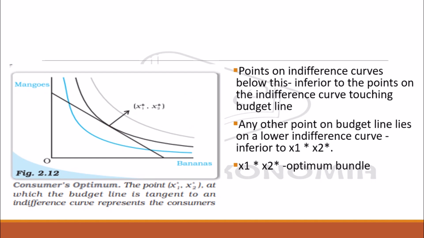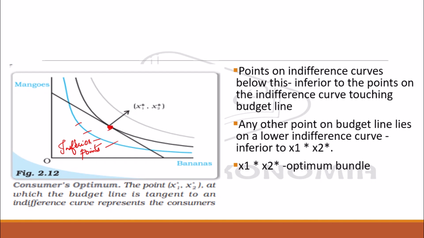Now coming to the points on the IC which is below the point of tangency, you could see that these are inferior points. Why inferior points? Because the consumer has got more income so as to get higher satisfaction by consuming more quantities of both bananas and mangoes.